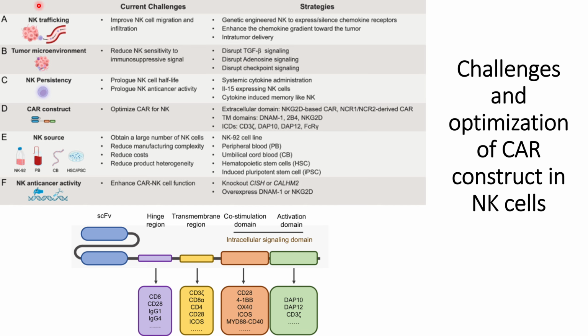First one is NK trafficking. The challenge is to improve NK cell migration and infiltration to the tumors, because in order to reach the tumors they have to go through the tumor microenvironment, which creates not just a physical barrier, but also suppresses the immune response, as it is an immunosuppressive environment. This can be overcome by genetically engineering NK cells to express chemokine receptors that can neutralize the immune suppression within the tumor microenvironment.